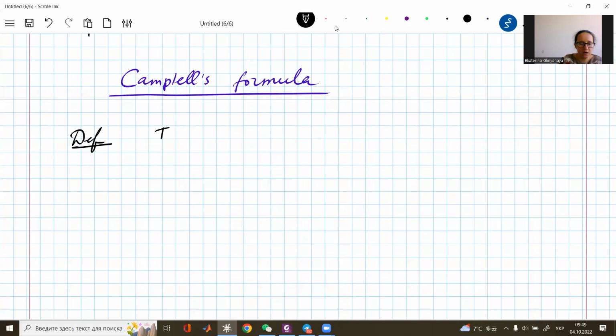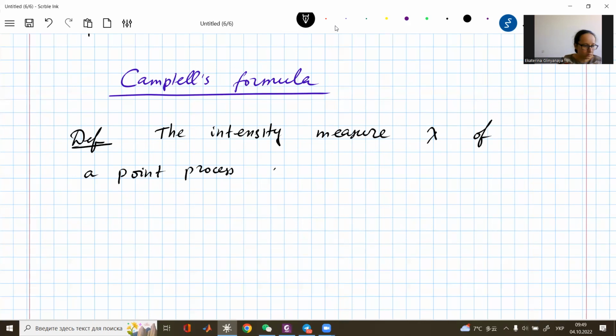So this is called the intensity measure lambda of a point process eta, the measure that is defined by the formula.